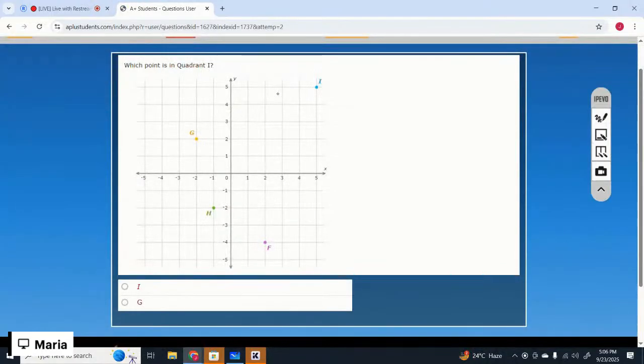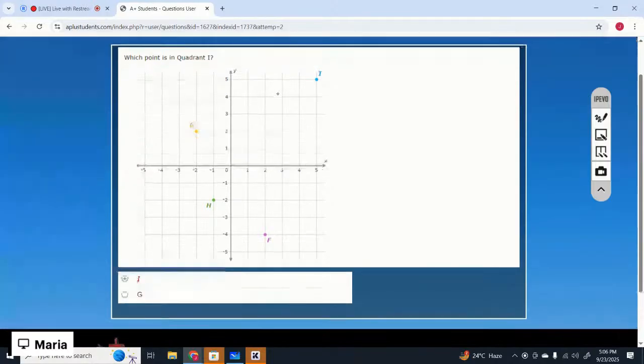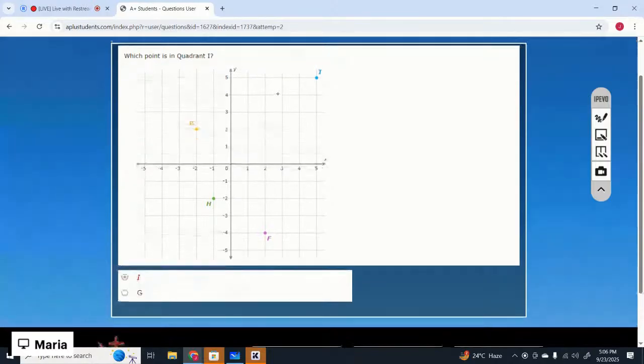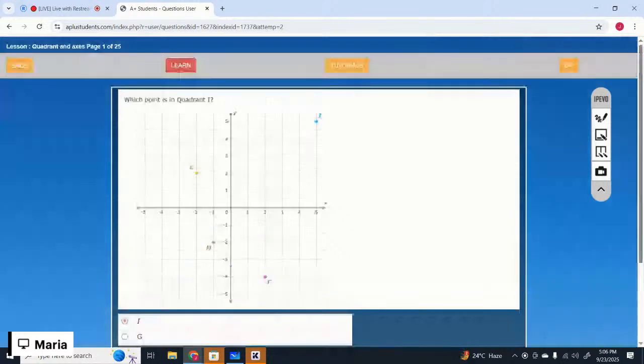I is in quadrant number 1. So option 1 is the correct option, I. I is in quadrant 1. The correct option is I.